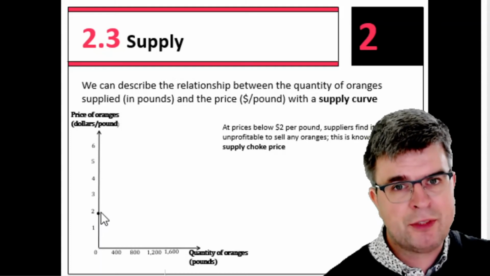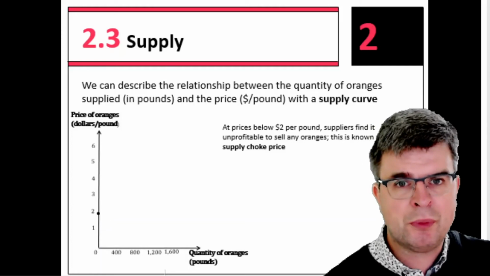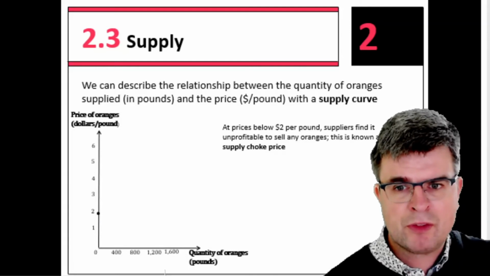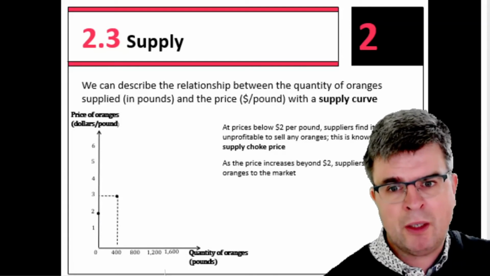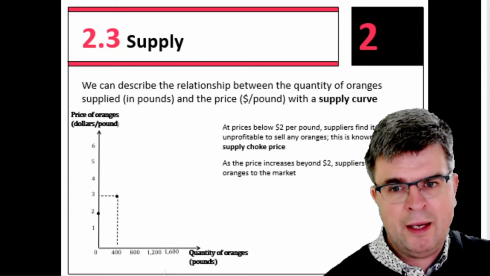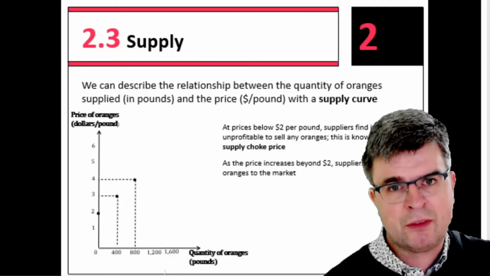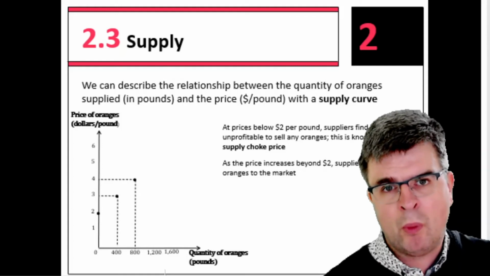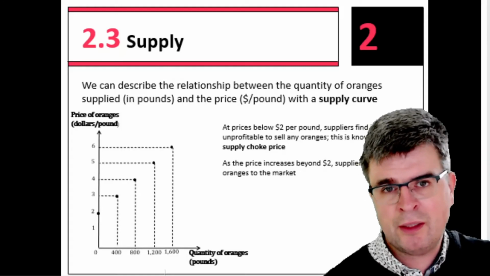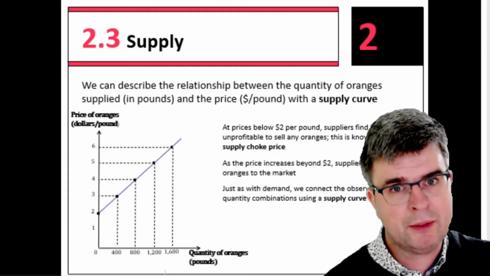If the price increases, then more and more producers will find it attractive to supply more and more oranges to the market. So at a price of 3, the supply is already 400, and if the price increases further, more and more oranges will be supplied to the market. And connecting the dots, we will get the supply curve.